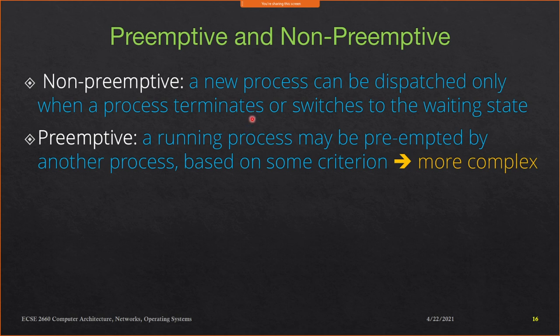A big problem of non-preemptive scheduling, such as the first come first serve scheduling algorithm, is that a process could come in that is a very, very long process, and it doesn't allow any high priority or important jobs to go ahead.